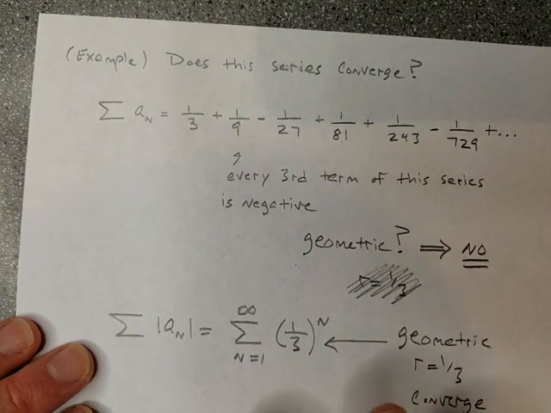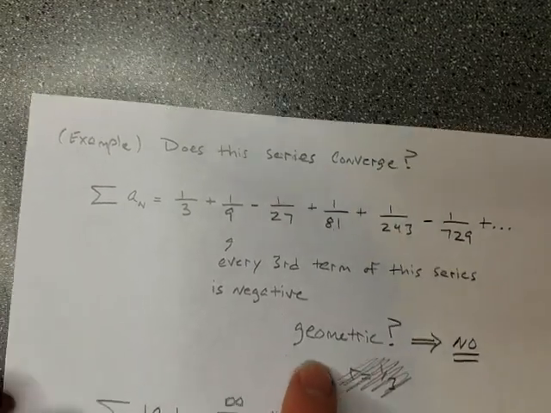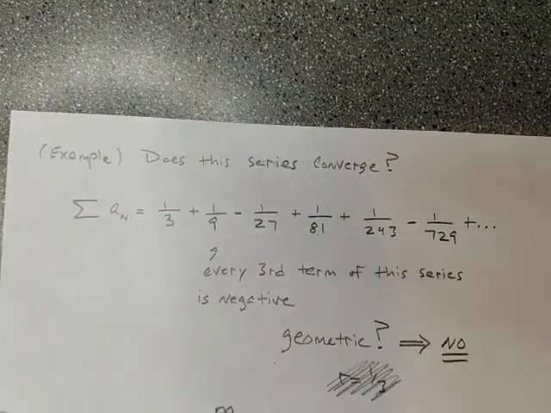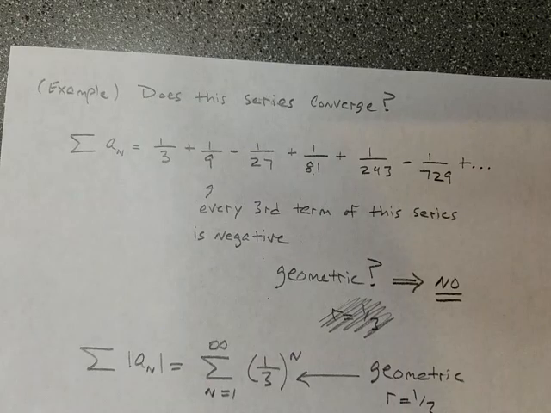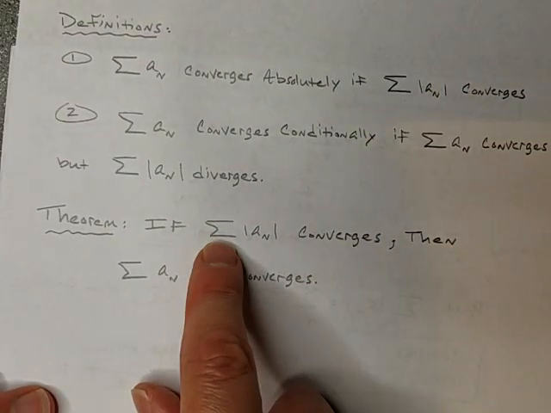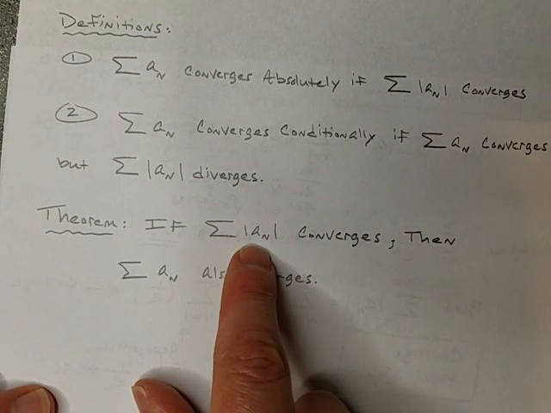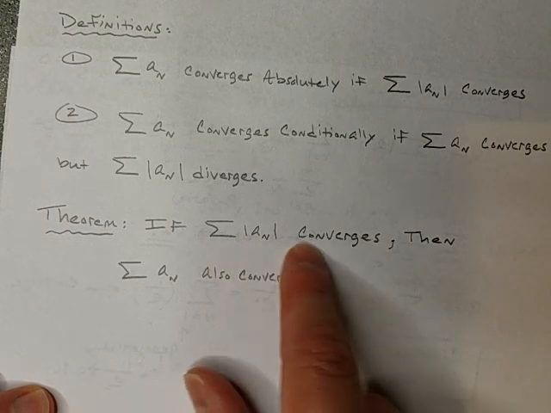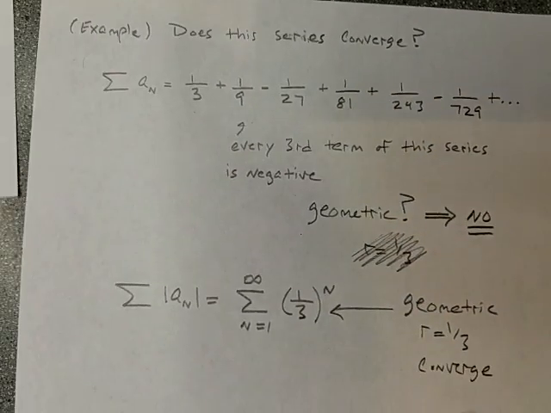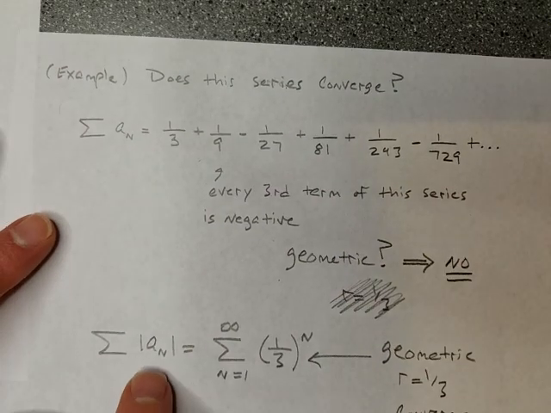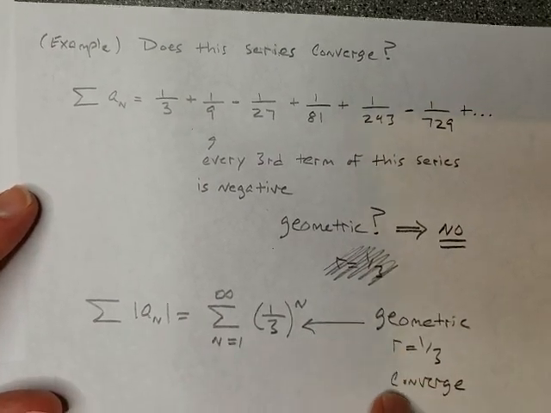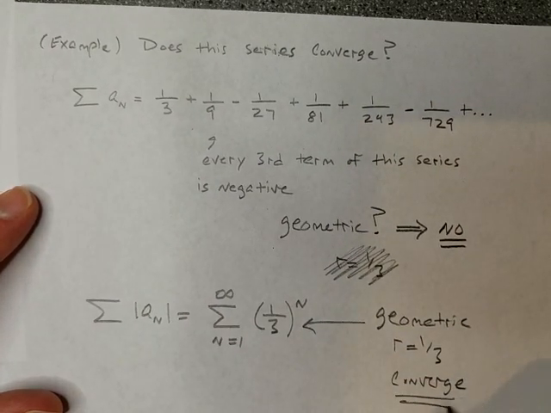Now then, what can we say about the original one? I'm asking, does this series converge or not? Well, okay, so here goes. If the series in absolute value form with all terms positive converges, then the original does. Well, yes, if you take this series and you make all the terms positive, you get a series that converges. Okay?